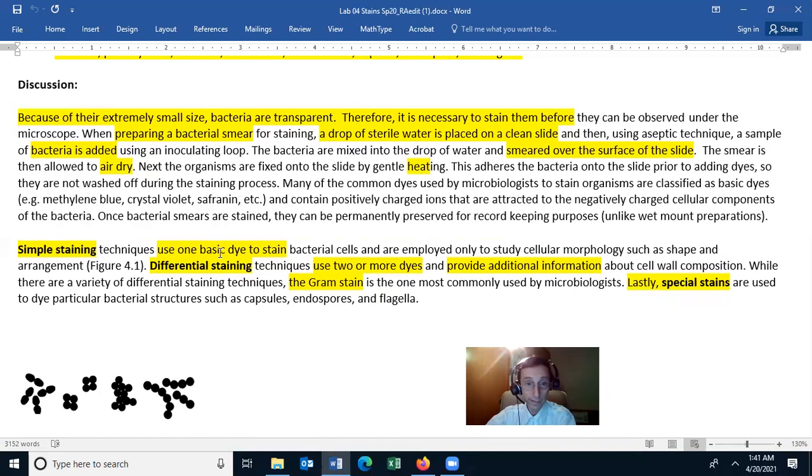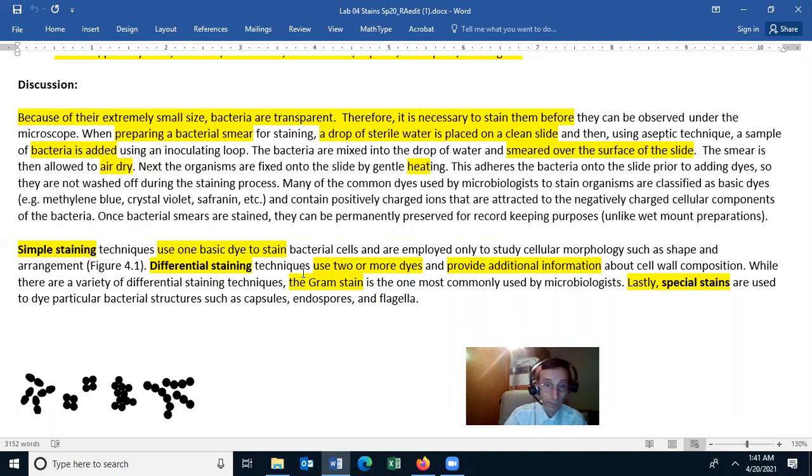A differential staining technique usually uses two or more dyes, and it provides additional information about the cells. In a simple stain, all the cells will be stained the same. In a differential stain, the cells will be stained at least two different ways.